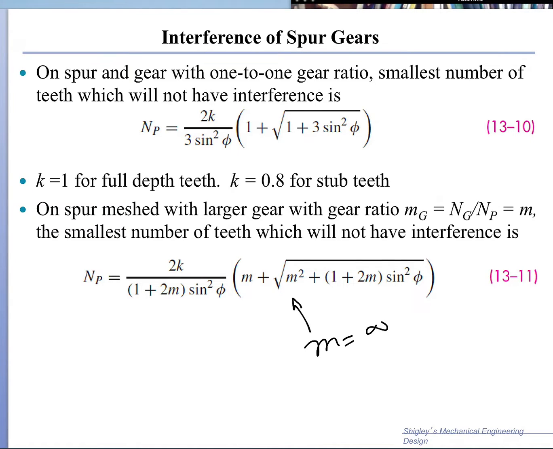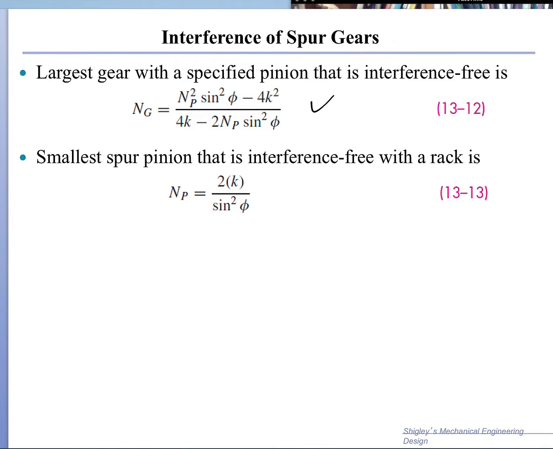If you take m equals infinity and take the limits, the number of teeth on a pinion that is in contact with a rack is 2k over sine squared phi, and that would give us the required smallest pinion to drive a rack.